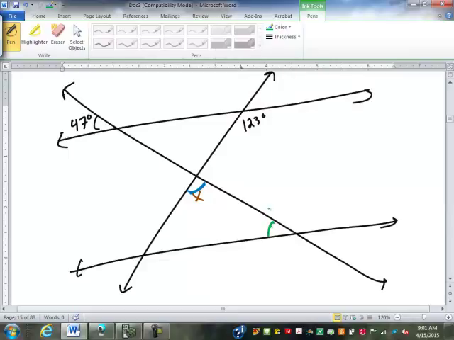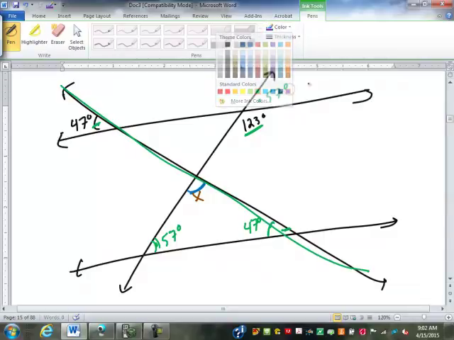What is it? 47. This angle and this angle have to be the same because this here is a transversal on parallel lines. This angle would have to be the same as this one here. I can find that one by doing what? Subtracting. 180 minus 123 gives me 57 degrees, making this one 57 degrees.